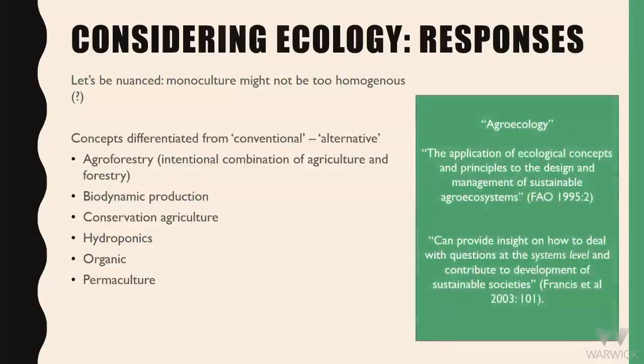And just to give you a definition to hang your thinking on, I like this idea of agroecology. It's the application of ecological concepts and principles to the design of management. So not necessarily a specific thing, but this whole week is encouraging you to think in terms of agroecology and agriculture related to ecological principles.